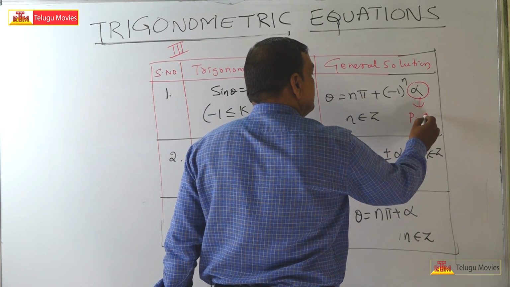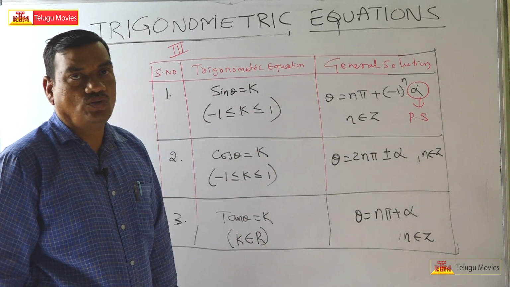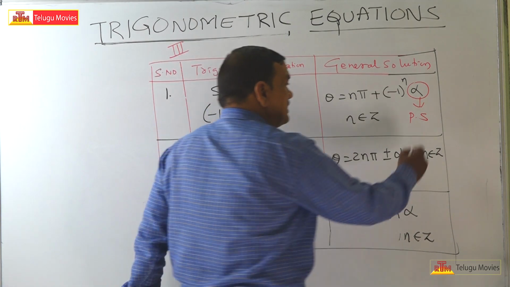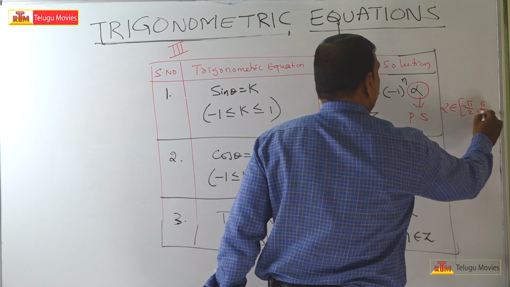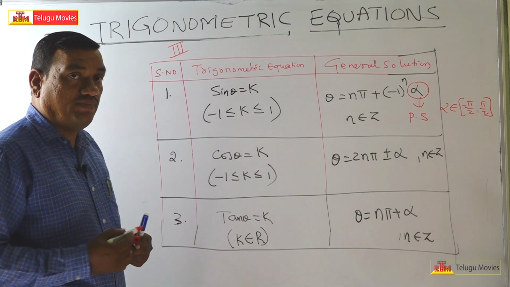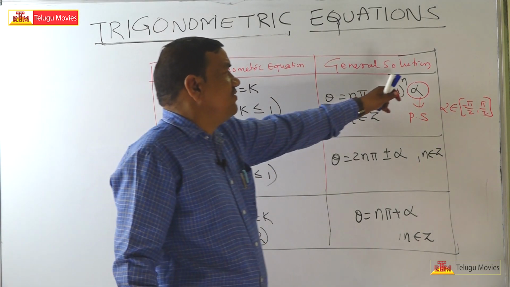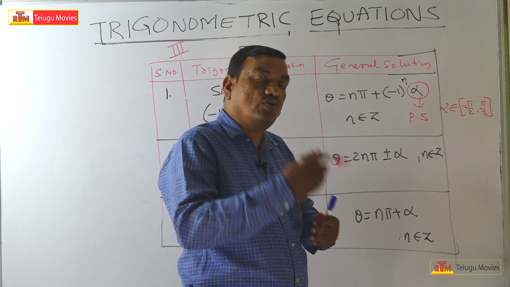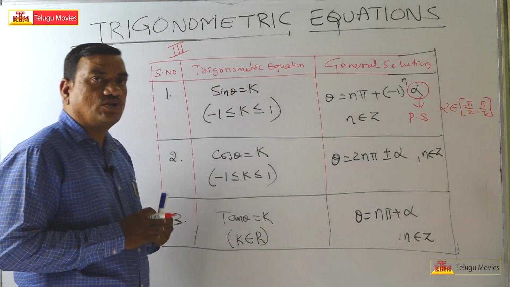Alpha is the principal solution, where alpha belongs to the closed interval minus pi by 2 to plus pi by 2. I already told what the principal solution is. That means as n takes values 1, 2, 3, 4, -1, -2, -3, theta goes on increasing.